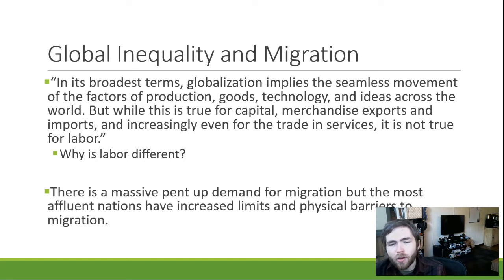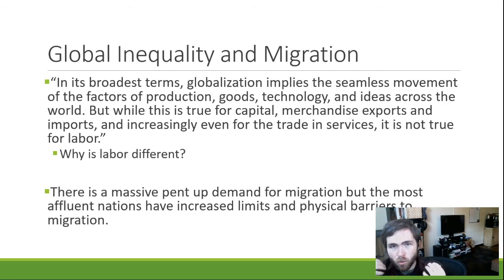It's important to think about why labor is different. And importantly, I think it's best summed up by thinking about the fact that you can import capital and you can import goods, and they can just sit on a pallet for all you care, right? Like they are self-contained things that don't have any effects outside themselves or their uses.